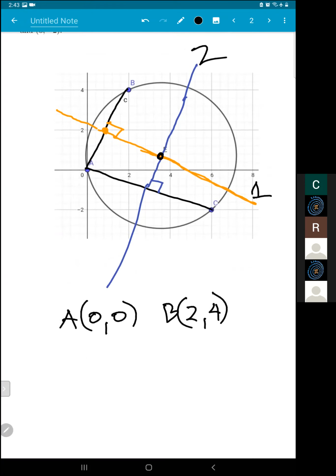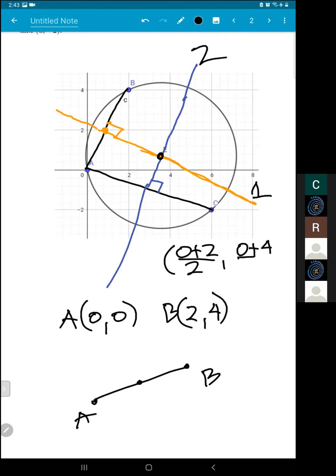First, we get the midpoint. And if you add, you should get 1, 2 for the midpoint.